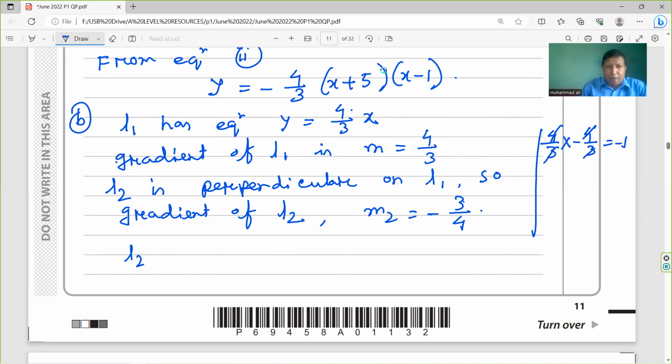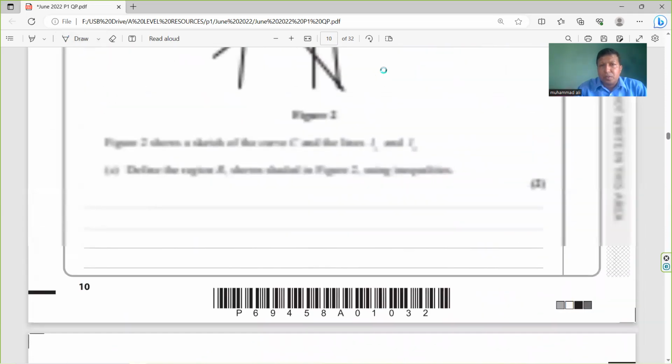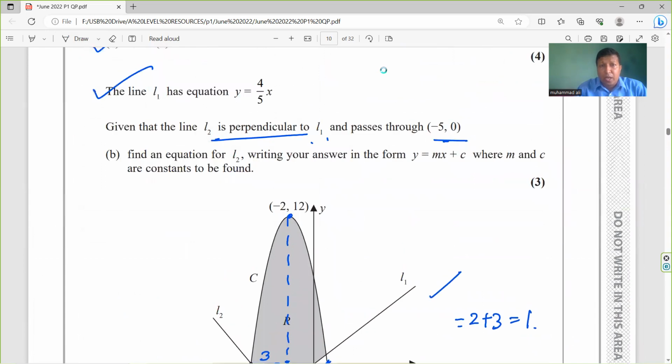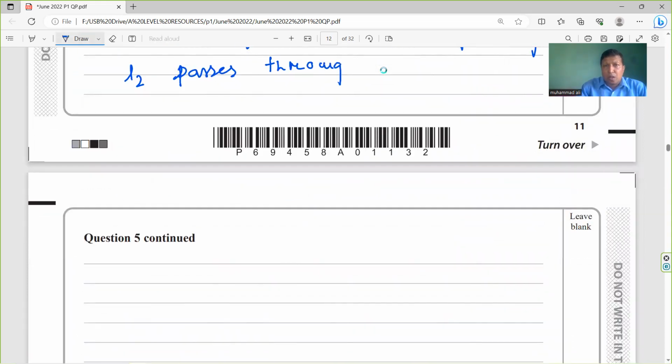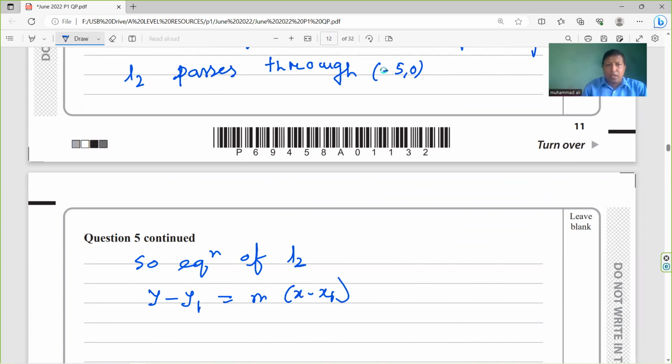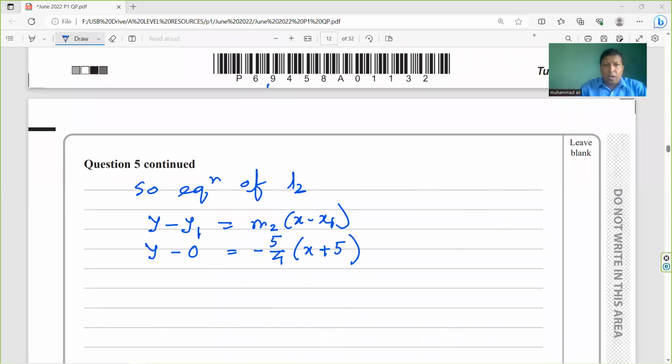So the L2 line passes through (-5, 0). The equation of L2 is y minus y1 equals m2 times (x minus x1).